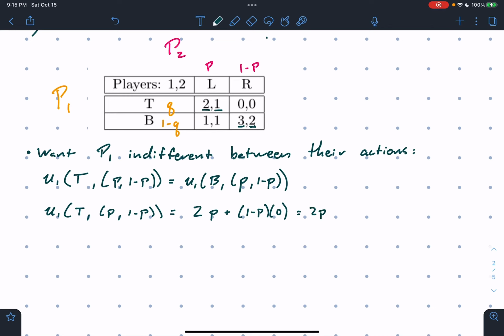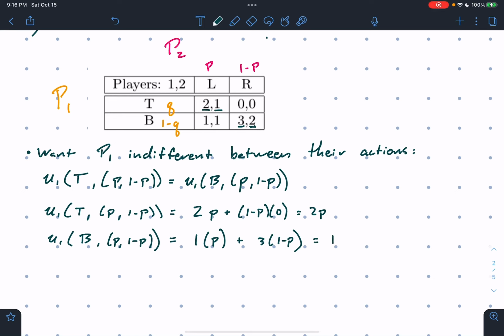Similarly, we can find the utility of player 1 playing B, given the same mixed strategy. This is equal to 1 times the probability we're in this column, which is P, plus 3 times the probability we're here, which is 1 minus P. So it's 1 times P plus 3 times 1 minus P. I'm going to simplify this.